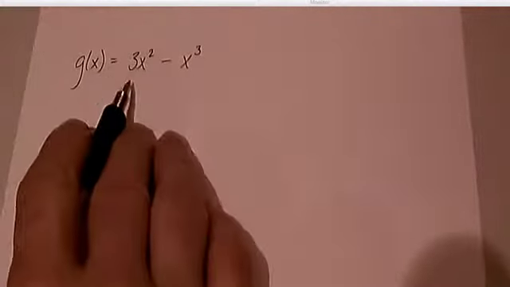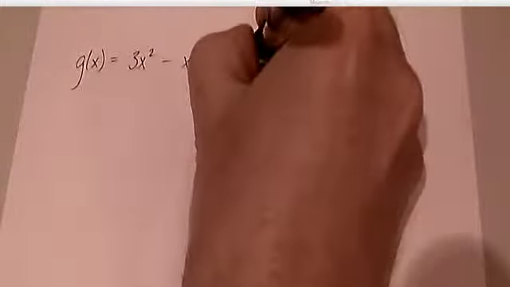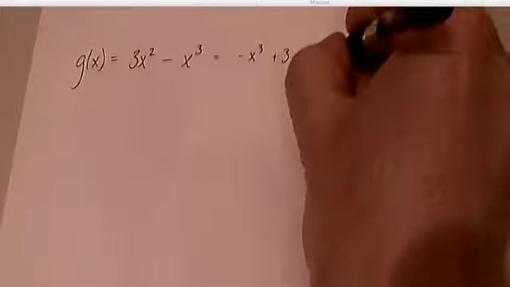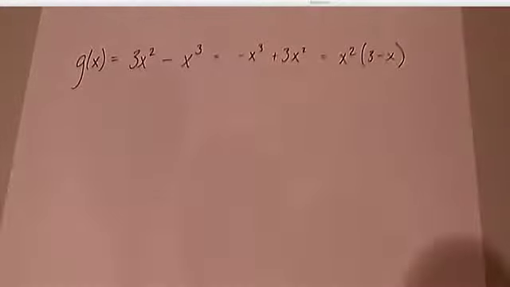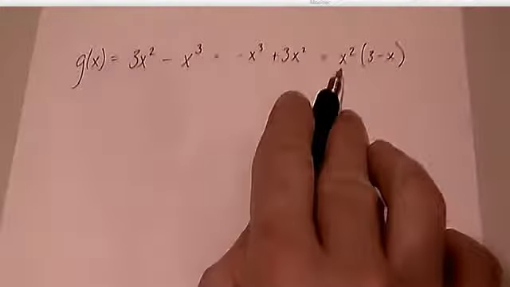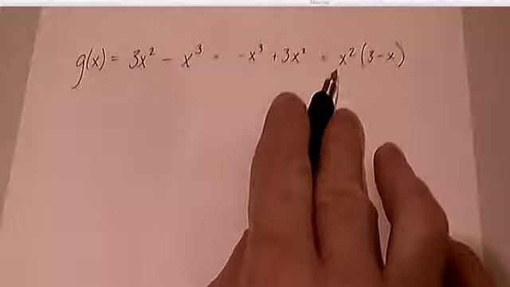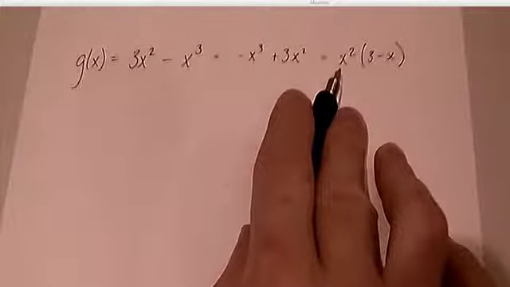Okay, well, first of all, let's think back to our Algebra 2 knowledge. You know what that looks like. In fact, you could write negative x cubed plus 3x squared, or if you wanted to, you could have factored out the x squared, and that could have been 3 minus x, okay? So you already know that that's going to have a 0 at 3, it's going to have a 0 at the origin, and that 0 at the origin is going to be a 0 of tangency, because it has a multiplicity right there.